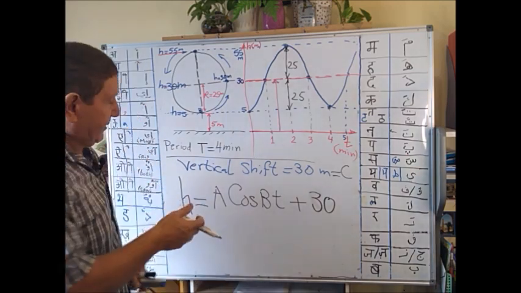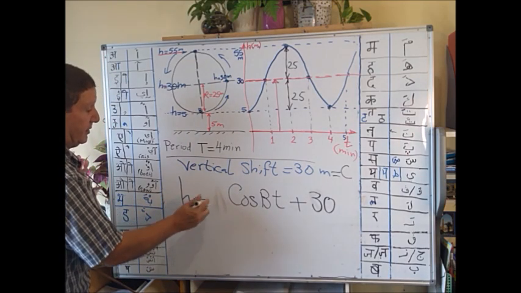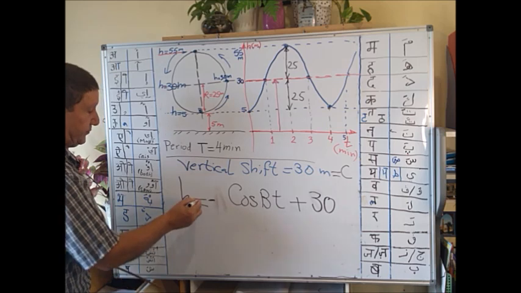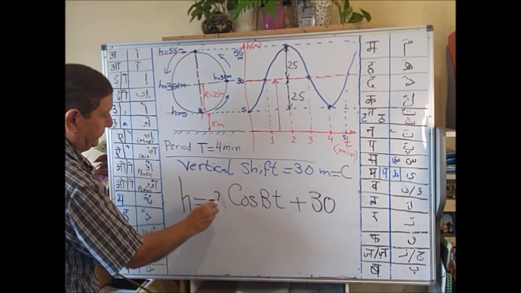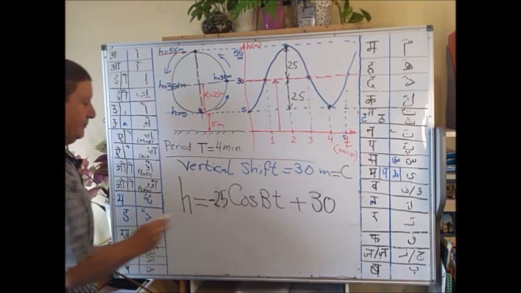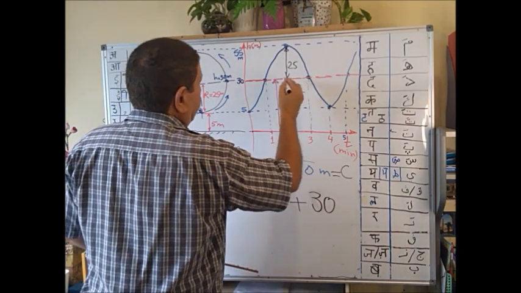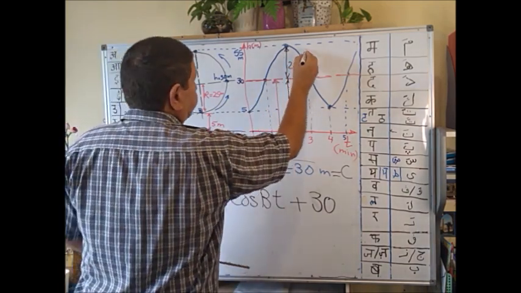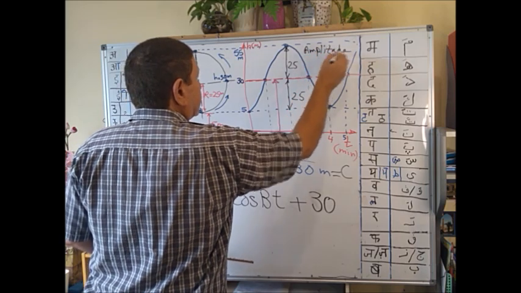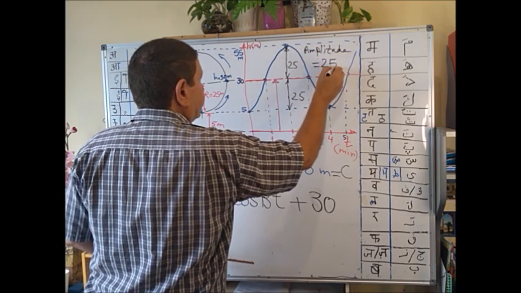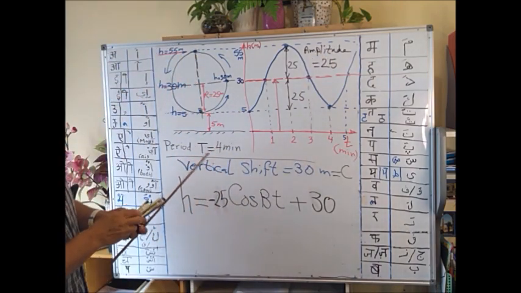So this number A, we can now replace with minus 25. That's amplitude equals 25, but A is minus 25 because it's reflected.